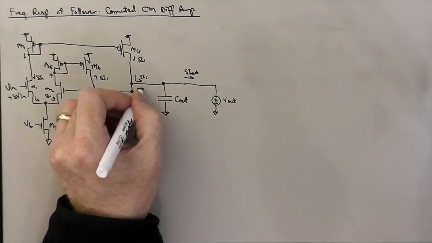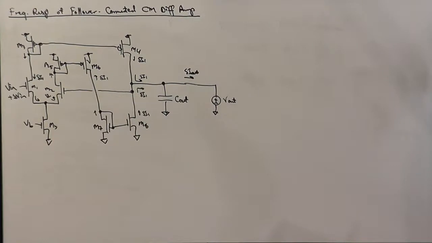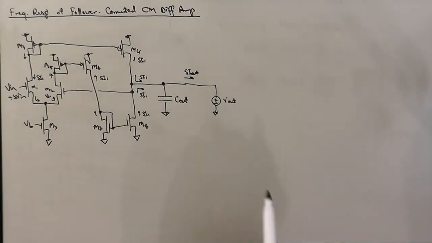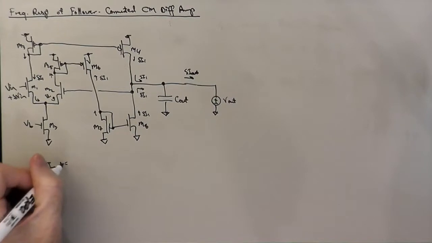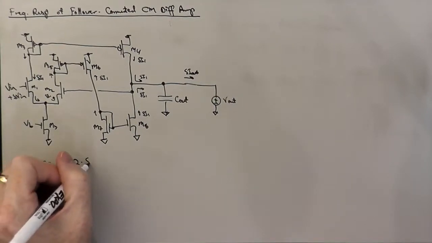And so we have another delta I1 that flows out of the circuit as well, bypassing the capacitor because the output is being held fixed. And we have that delta I out is equal to 2 times delta I1.